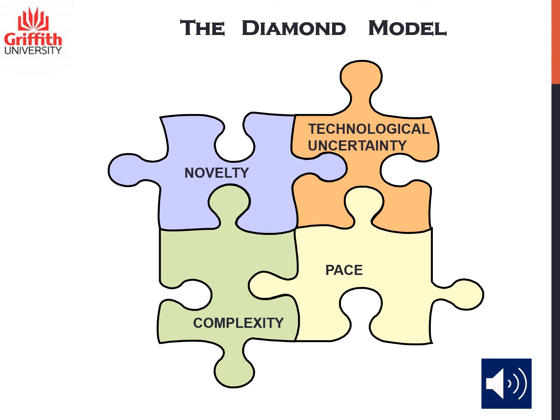Complexity refers to the complexity of the product, complexity of the tasks, and complexity of the organization of the project. Pace represents the urgency of the project, how much time there is to complete the project.